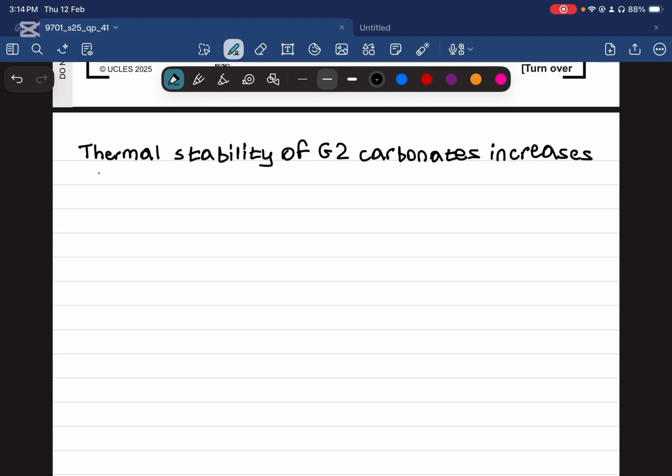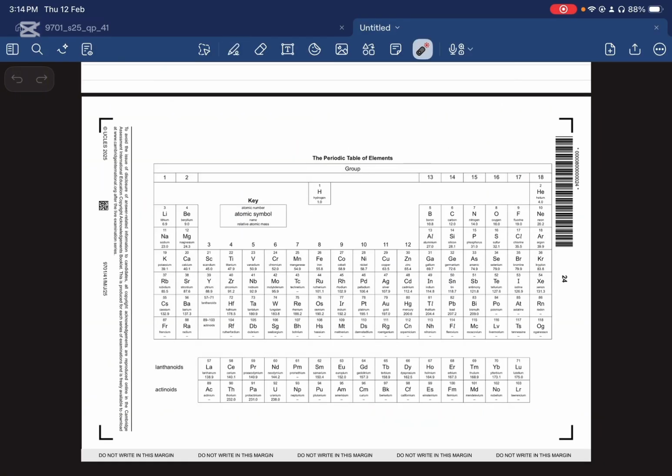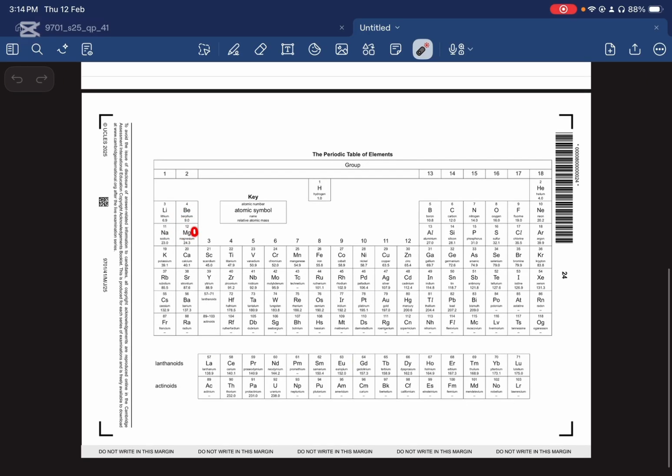What do I mean by down the group? It means that as you keep going down group 2, the thermal stability keeps increasing. So let's say you're comparing beryllium carbonate and magnesium carbonate. Magnesium carbonate is going to thermally decompose at a greater temperature because it is more thermally stable. How do I know that? Thermal stability increases down the group.